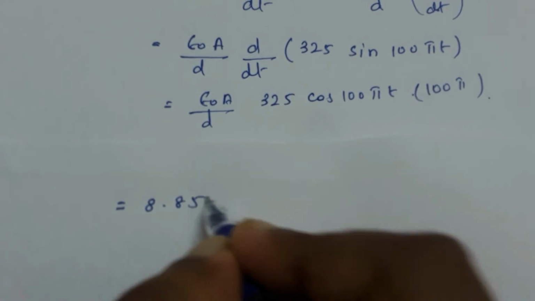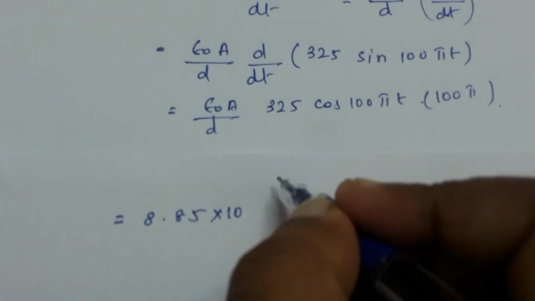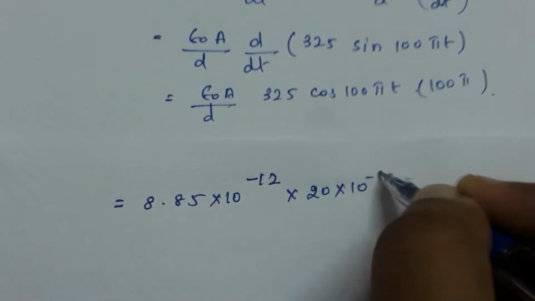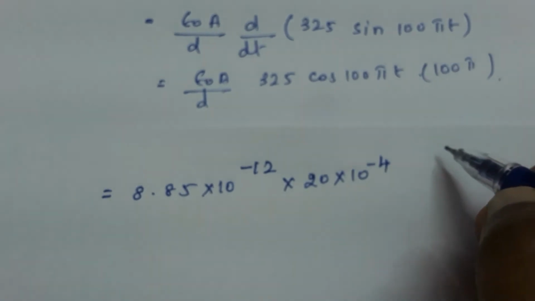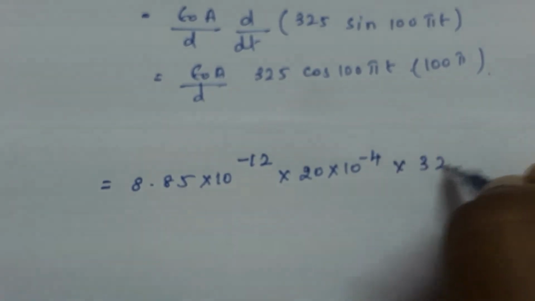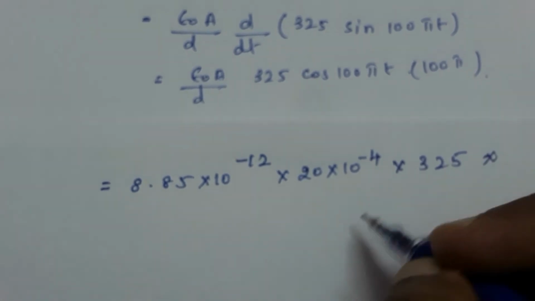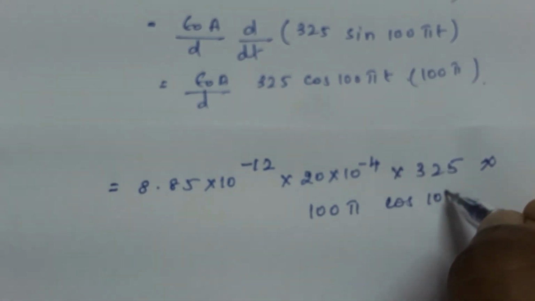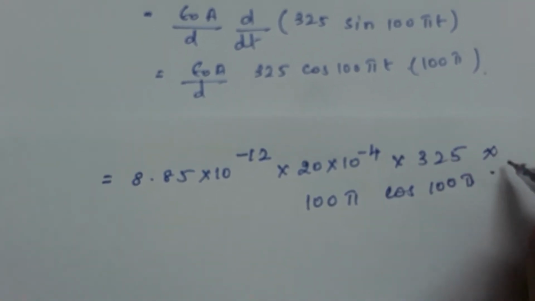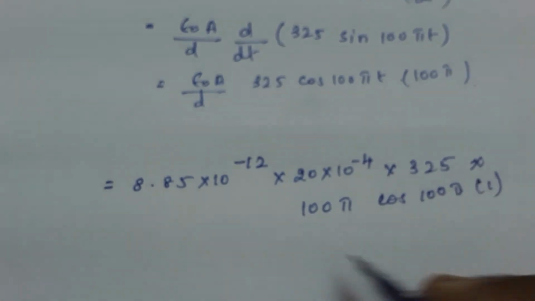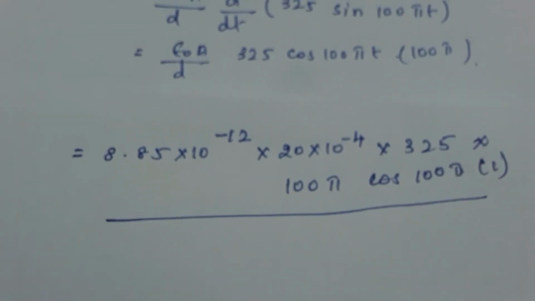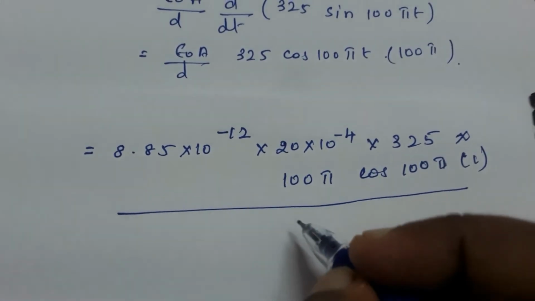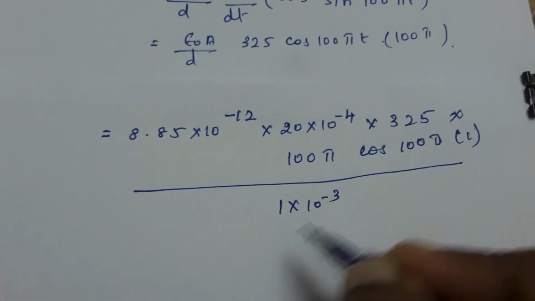Epsilon 0 is equal to 8.85 into 10 raised to minus 12, into area, given in the problem, 20 into 10 raised to minus 4, into 325 into 100 pi into cos 100 pi t, where the t value is 1, by D. D is what? 1 millimeter, so it is 1 into 10 raised to minus 3.